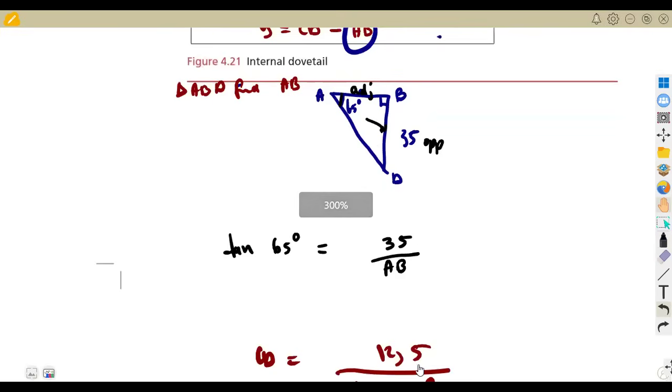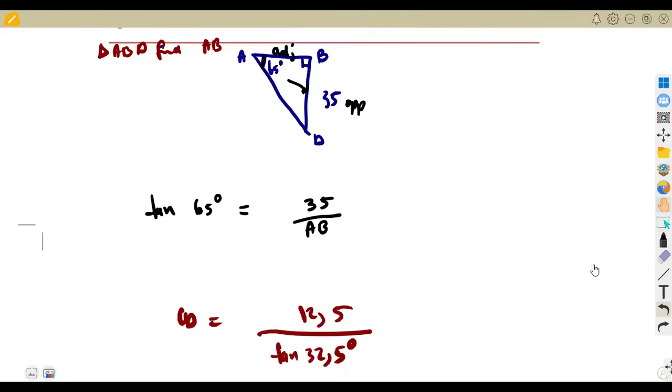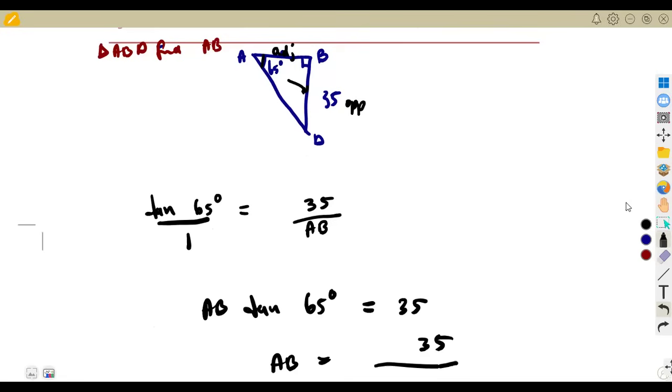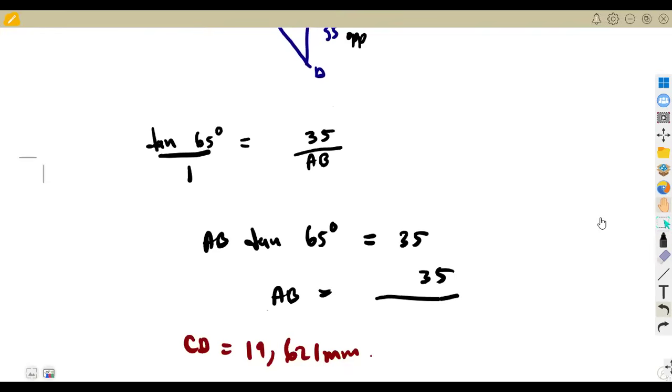So that was the idea of this question. Oh, guys, sorry for that. I thought I put the eraser already. So if we do this, we can calculate our AB. Just like the previous case, if you cross multiply, it's going to be AB tan of 65 equal to 35. Then we divide. So AB is going to be 35 over the tan of 65 degrees.